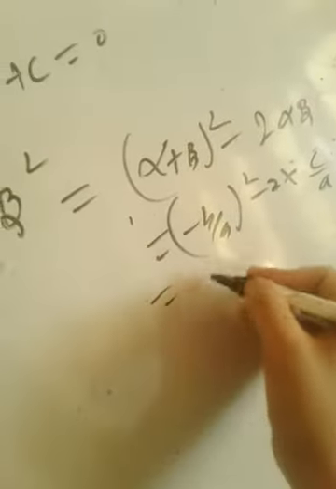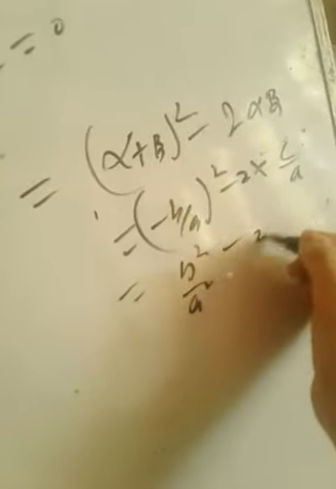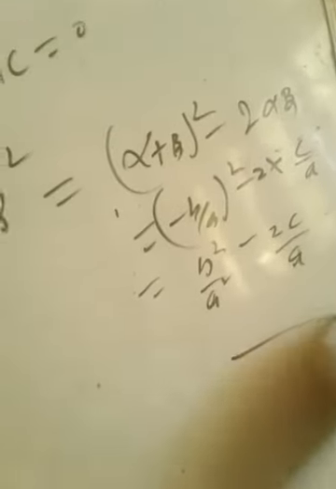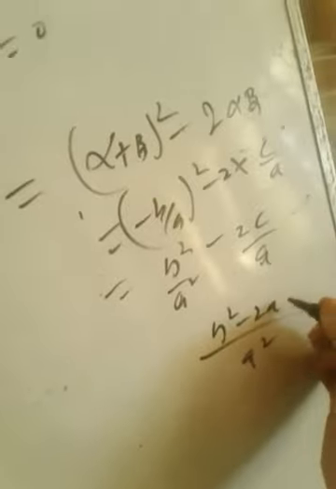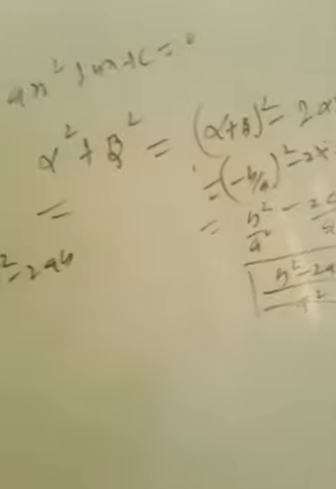So this equals b square by a square minus twice c by a. Make a square the LCM. So it becomes b square minus 2ac divided by a square. Most of the students have faced difficulty in this question. So I hope you will get these.